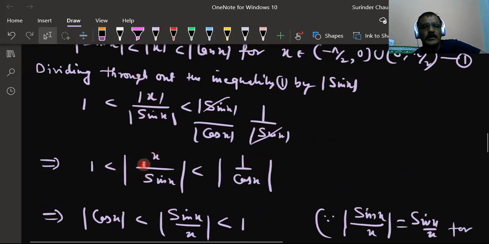So 1 is less than modulus of x upon sin x is less than 1 upon cos x.